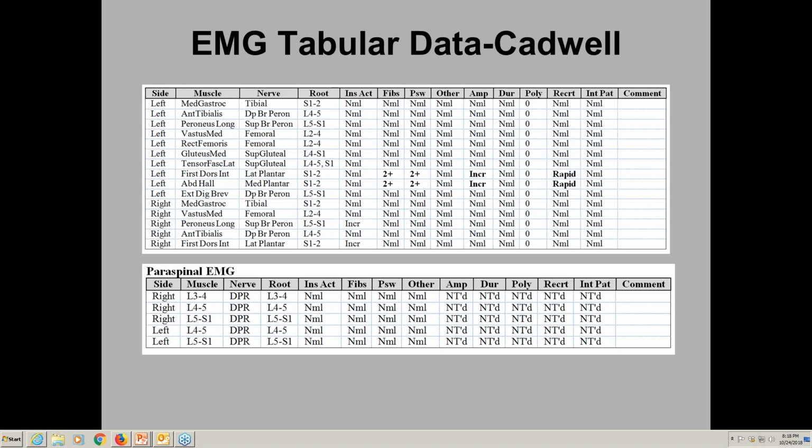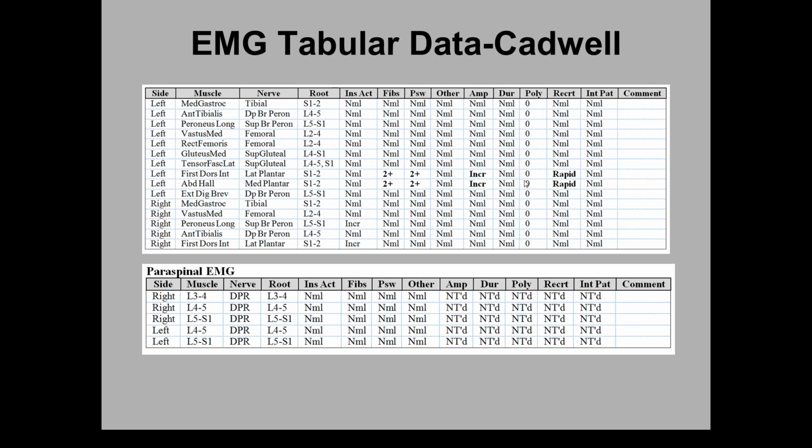The computer's not going to fill this out for us. You don't do an EMG and your table fills itself in. It does in our nerve conduction, but it fills it in as all normals. But when we see abnormal, we've got to say what the abnormality is. Is everybody okay with that? All right.